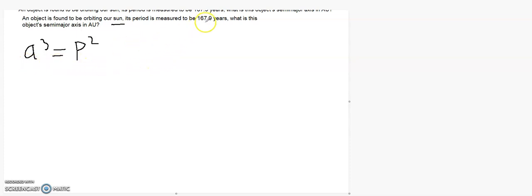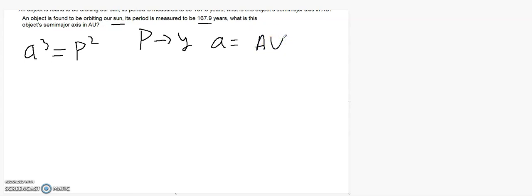All right, anyhow, so the period, this is what P is right here. In this equation, the one that Kepler wrote almost 400 years ago, P has to be in years, which it is, and A, the semi-major axis, has to be in units of AU, astronomical units.